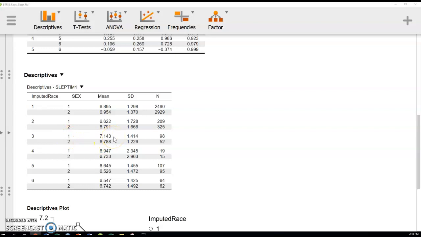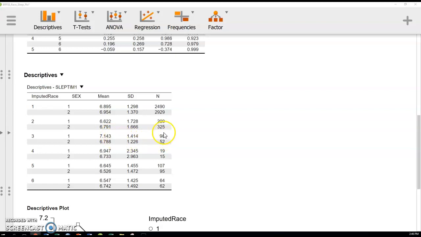So somewhat contrary to what I would have guessed, at least in this survey of the thousands responding, there may not have been a lot of Asian males in the study. That's another thing we could look at. But it looked like the Asian males did get the most sleep. So my next question, especially on a category that could be a pretty low sample size, was, well, how many Asian males were even in the sample?